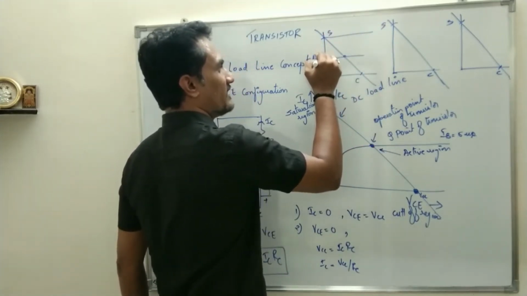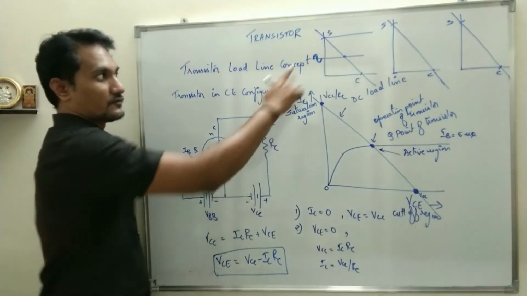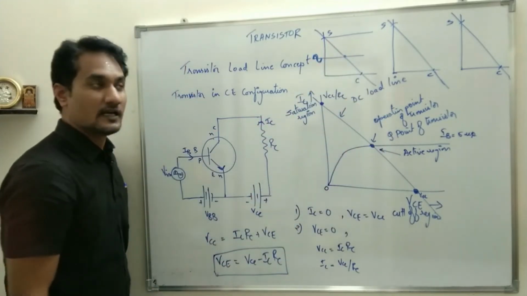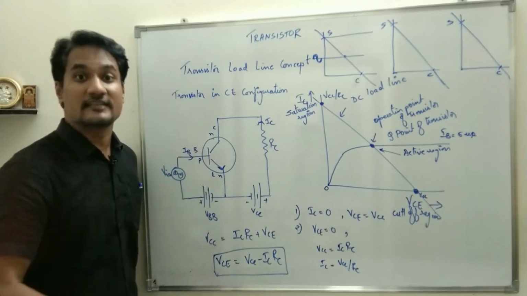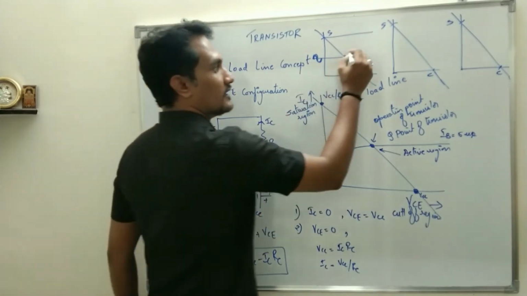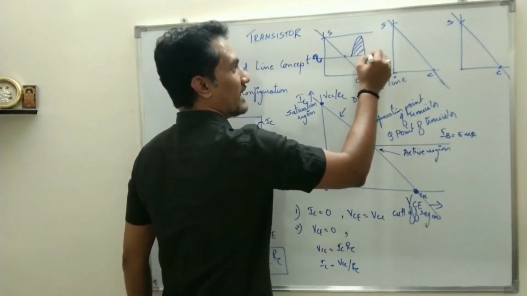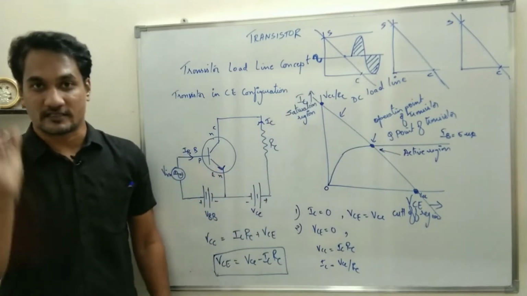If you apply a small signal at the input, it will be applied to the active region, that is the operating point of the transistor. Now the transistor tends to amplify the signal, increasing the strength of the input signal. So the signal will be like this. Both the positive as well as the negative half cycle are amplified. So this is a proper amplification.